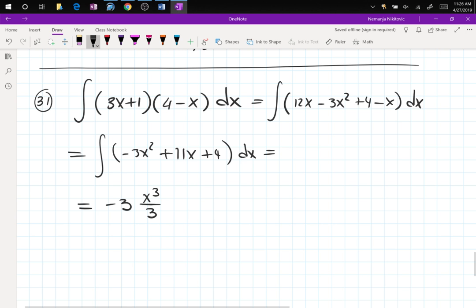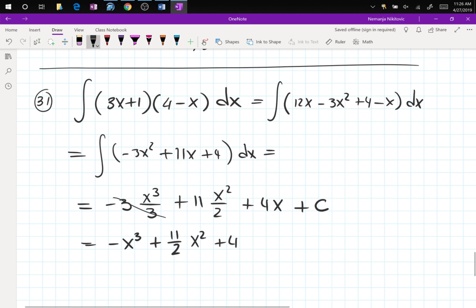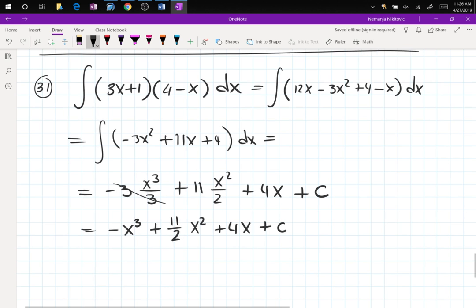Then we are going to take the plus 11, and then we have x squared over 2, and then plus 4x, and then plus c. 3's will cancel. There you go. So that's that.